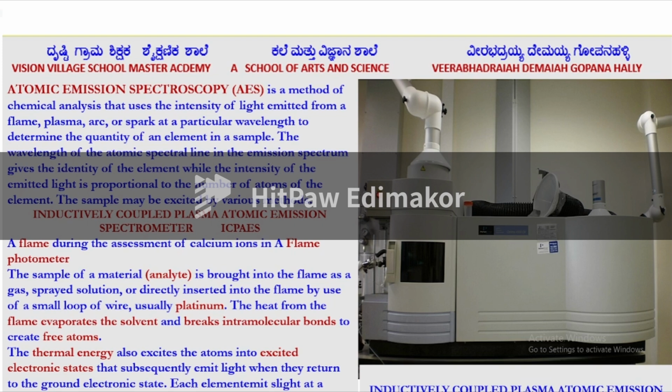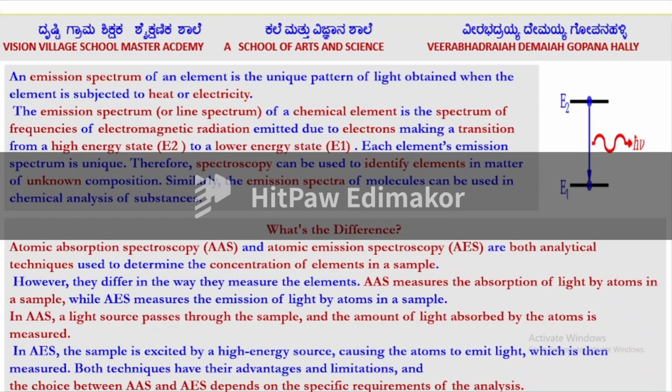The thermal energy excites the atoms into excited electronic states that subsequently emit light when they return to the ground electronic state. The atom excites from the ground state to the excited state. The difference between the two states can be measured with the help of sophisticated instrumentation technology using a data station.